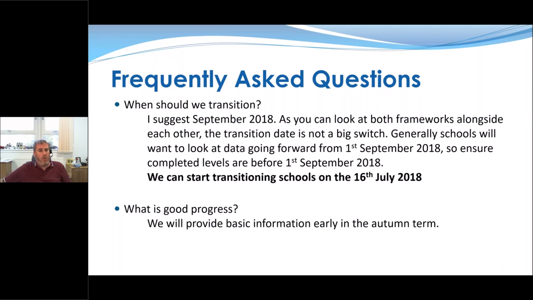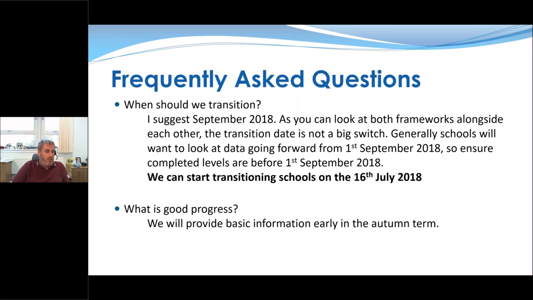The biggest one I've been asked is, what will good progress look like? That's a big one that everyone's going to be asking, because they want to set targets in the autumn term. So what we're going to be working on over the summer, based on the work we did on the progression guidance to make it easier to work with and fairer and more reliable, is converting that information into guidance for the progression steps.